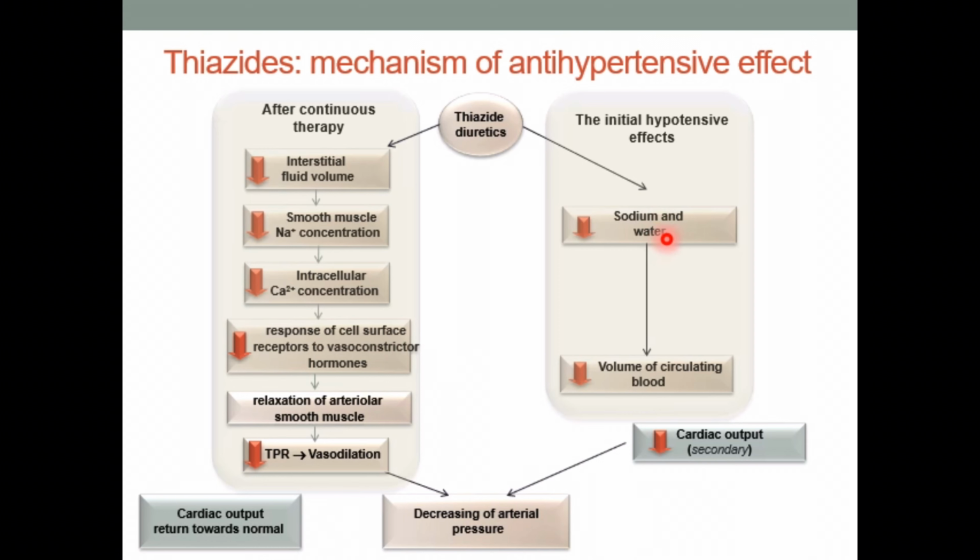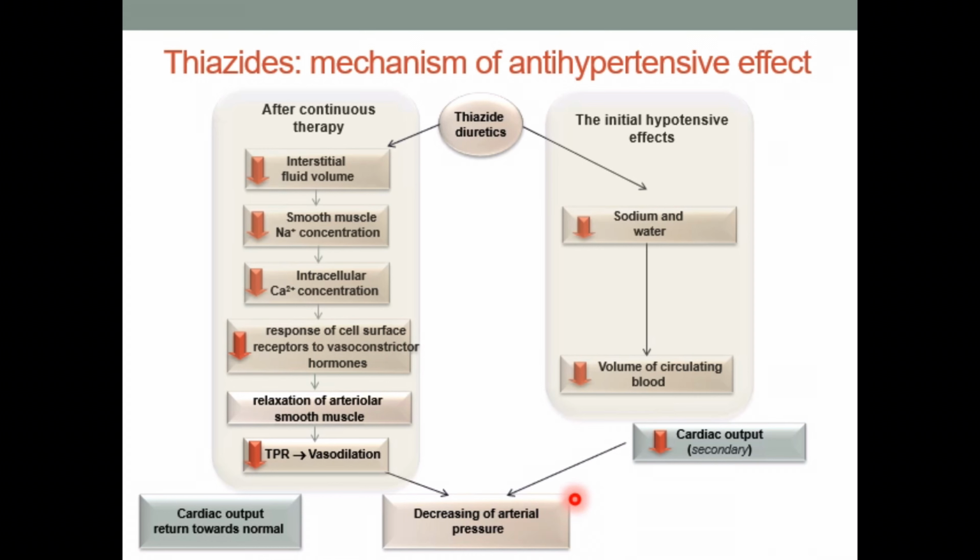And when sodium is not reabsorbed, it will be excreted along with the water. So salt and water are excreted in the urine, and therefore the volume of the circulating blood is reduced. So there will be a drop in the blood pressure.